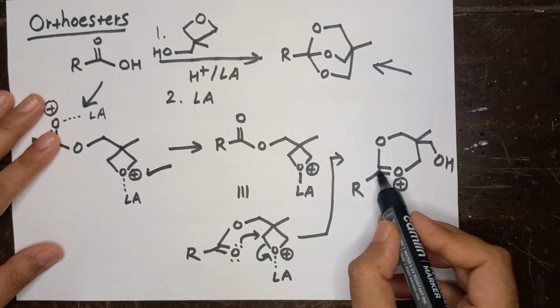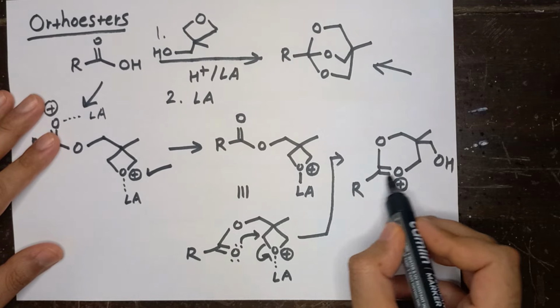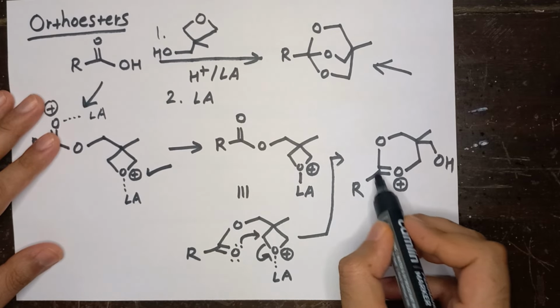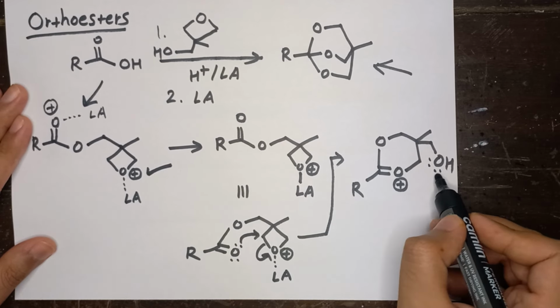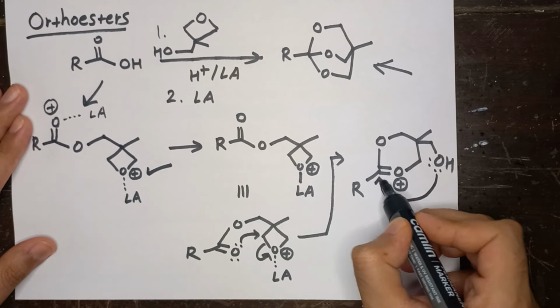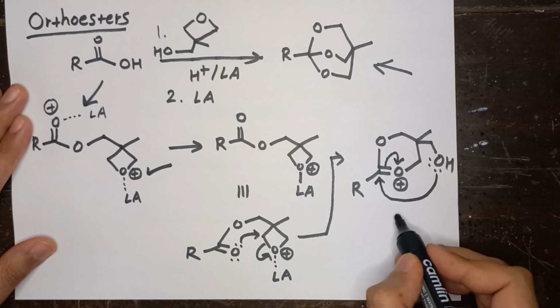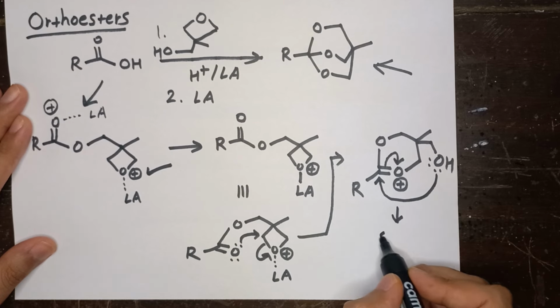Now furthermore, we have a reactive carbonyl group, and we have a nucleophile. So it will attack here, and this will get neutralized. And guess what? We got the product.